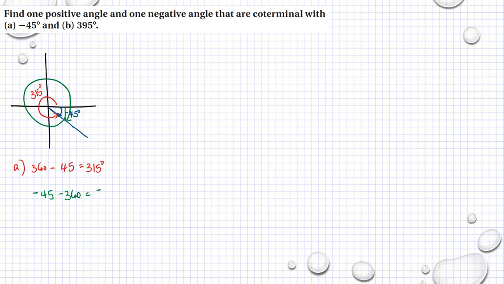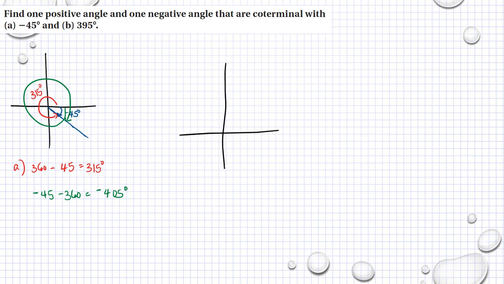Then we have negative 405 degrees. Okay, for B, we will try for B.